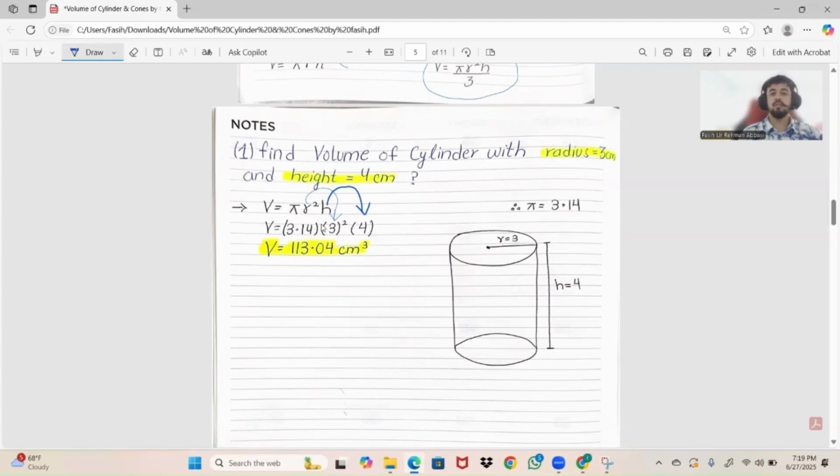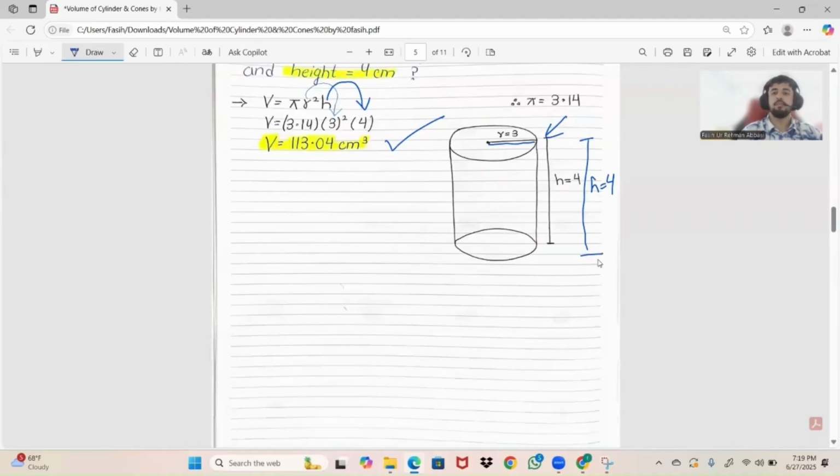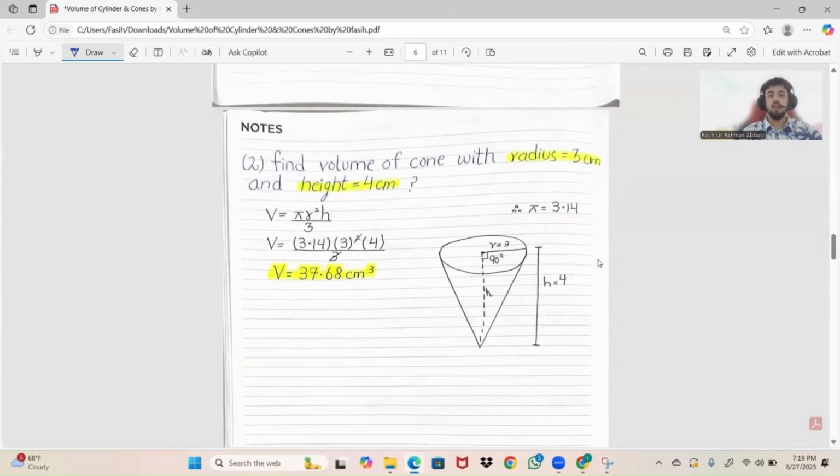Just put in the values, calculate them. Volume is 113.04 centimeter cube. Correct. I drew the cylinder just in case for convenience. The radius is 3 and the height is 4. Perfect.